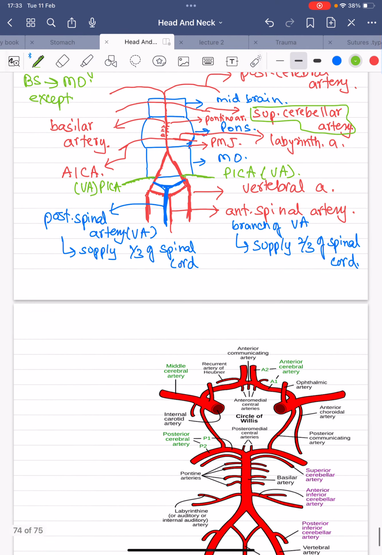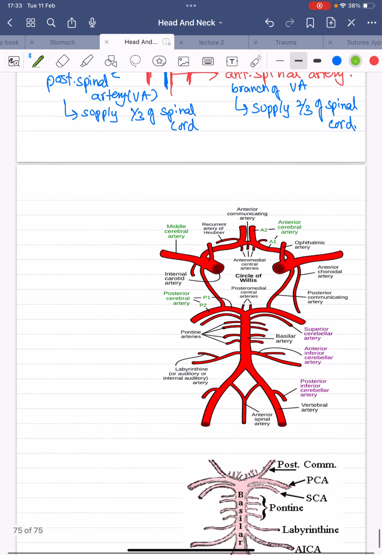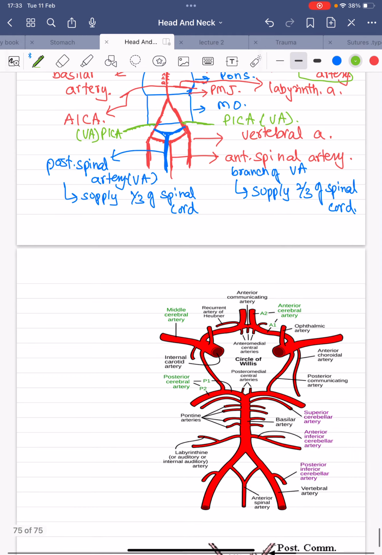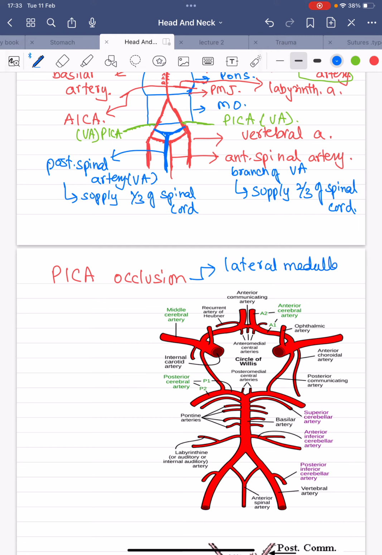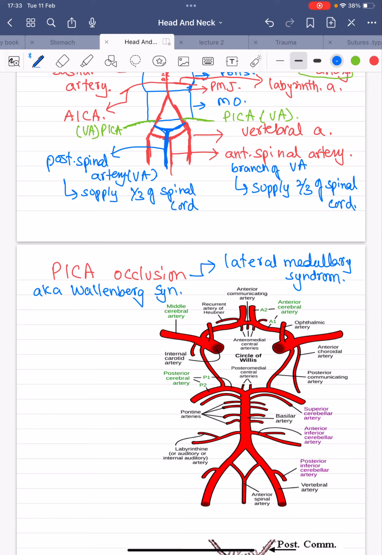Okay, now what are the clinical correlations in relation to these arteries? So see here everyone, number one, posterior inferior cerebellar artery occlusion can lead to lateral medullary syndrome, which is also known as Wallenberg syndrome.